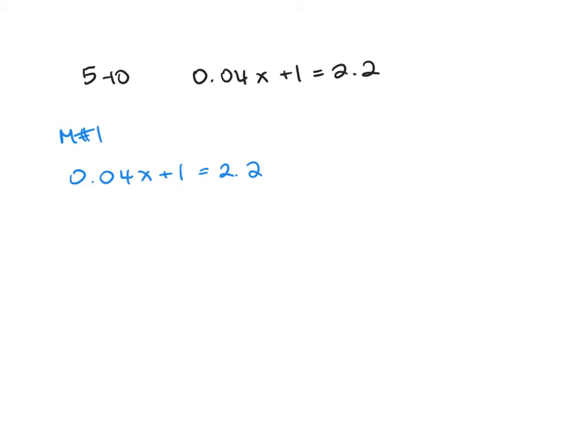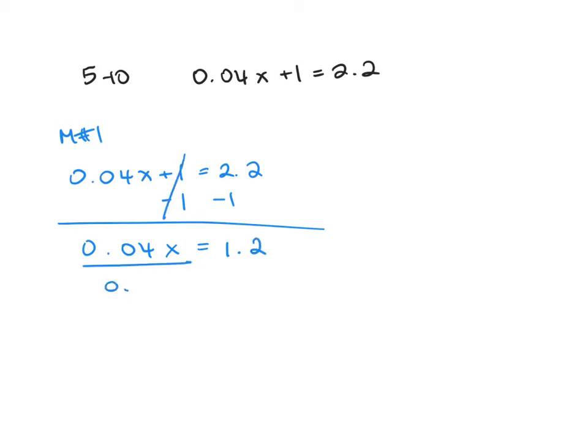I'm trying to get x by itself, so I'm going to subtract 1 on both sides. So I get 0.04x equals 1.2, right? Because this part cancels out. Then I try to get x by itself. I get 0.04 divided by 0.04, and this is a big 1, right? So I get x by itself, and I have 1.2 divided by 0.04.